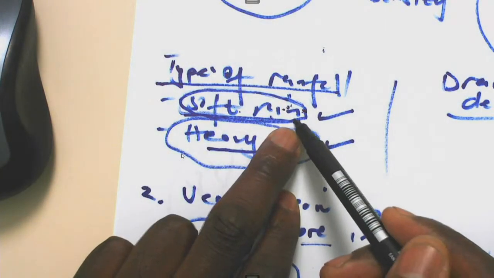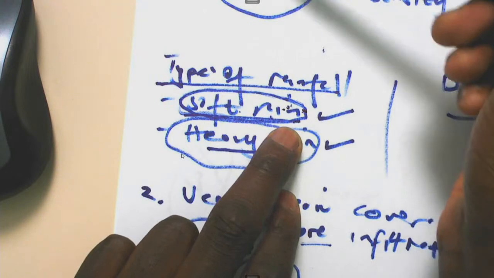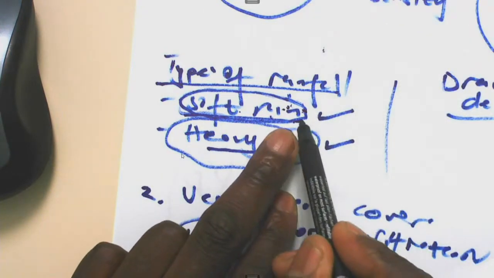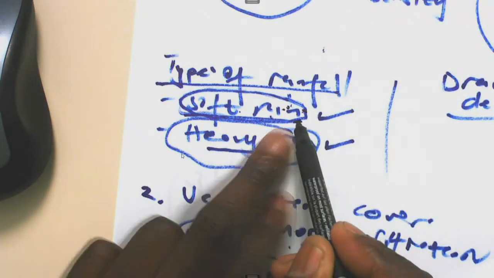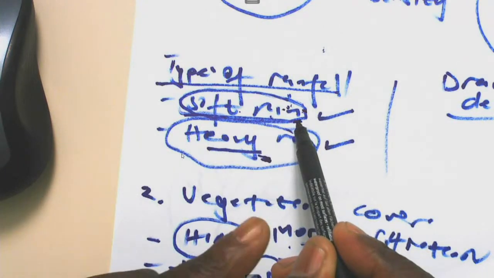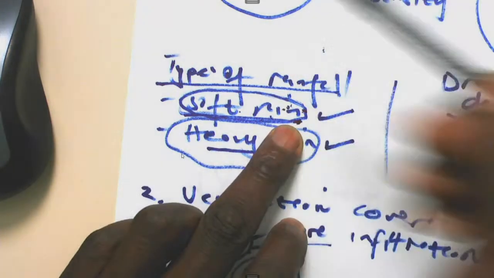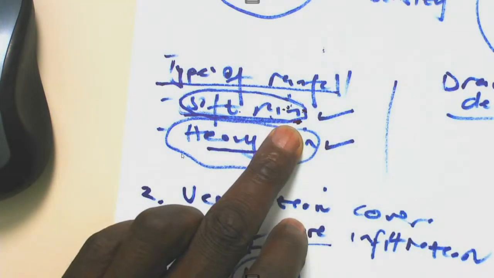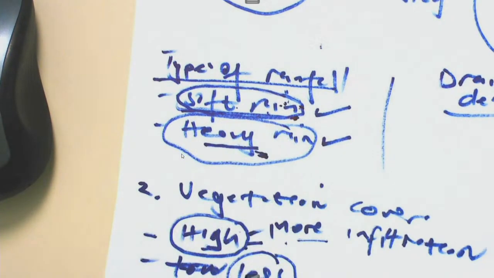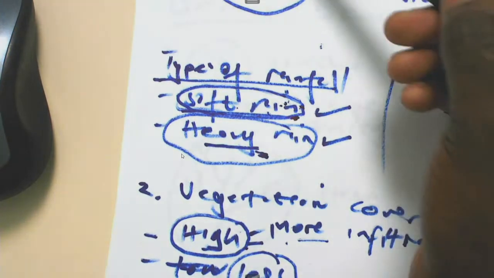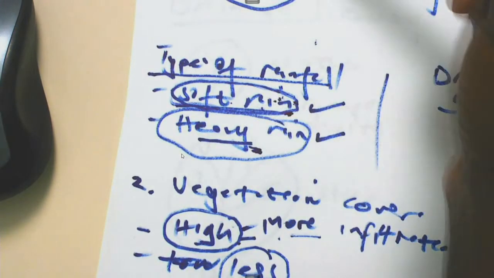It is associated with low drainage density. That means what is going on over here? There's more infiltration, less runoff, and in terms of drainage density, will it be high? No, it will be low. In terms of drainage density, it will be low over here.